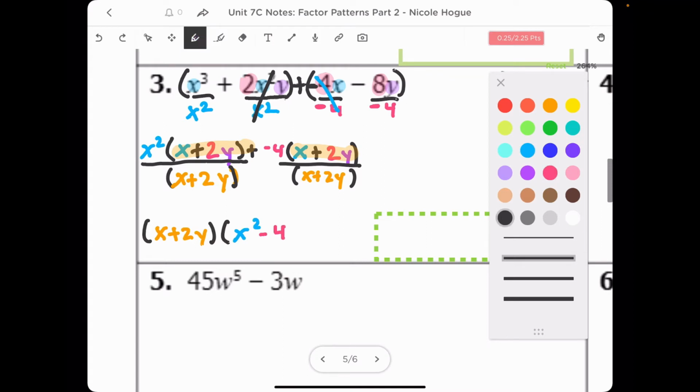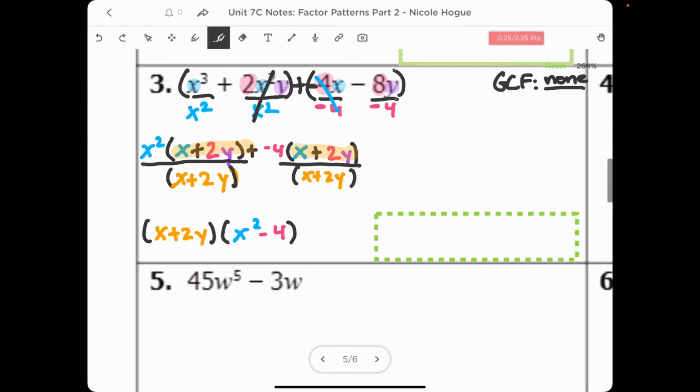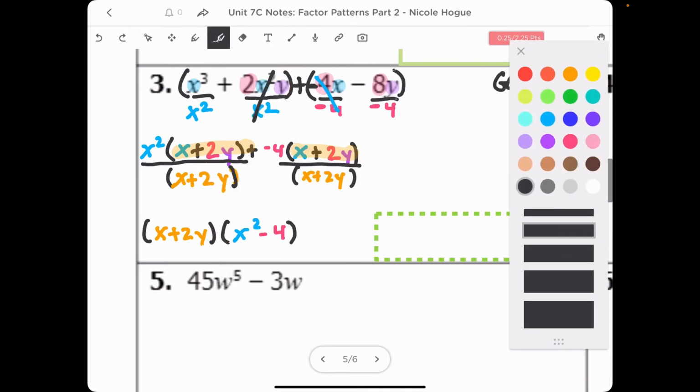Now, we are not done, because we see that we have a binomial, x squared minus 4. This is a difference of squares because x squared is a perfect square and 4 is a perfect square, and we're taking the difference of those.